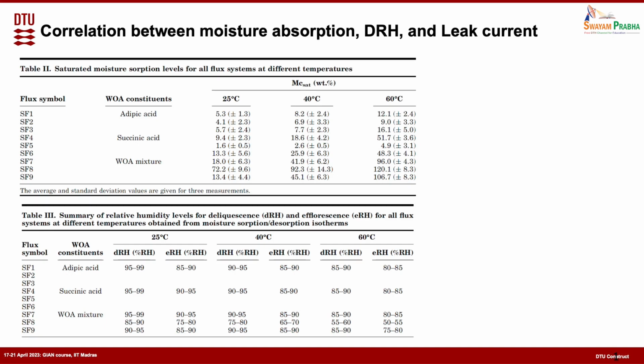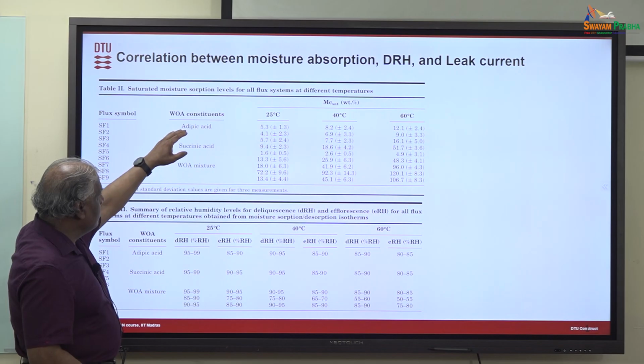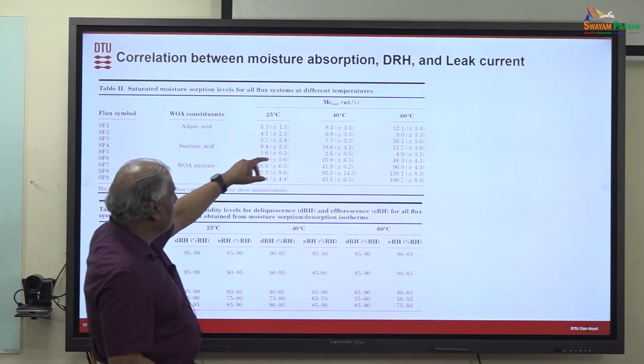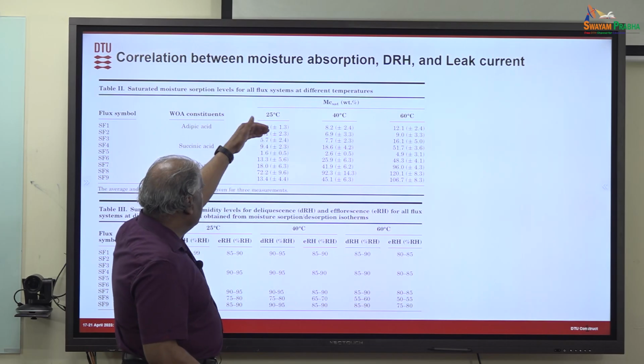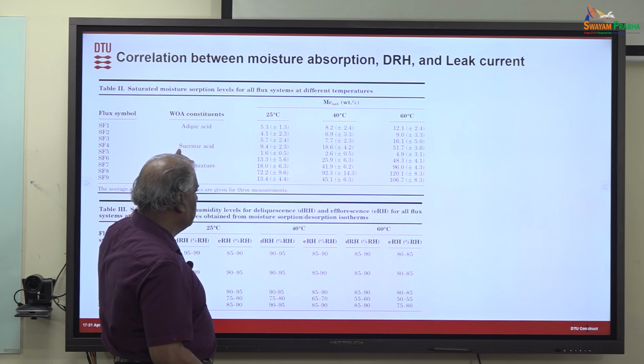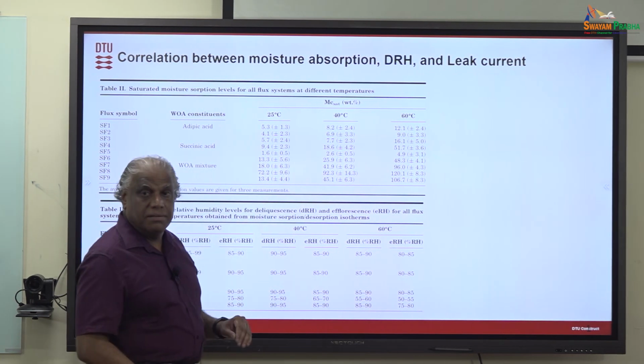You can see here the different flux systems used in manufacturing, with different types of activators in them, like adipic acid or this one. Clearly there is a difference in moisture absorption. This absorbs less moisture, this absorbs more. When we have a much more active acid, like a hygroscopic acid, it absorbs more moisture.